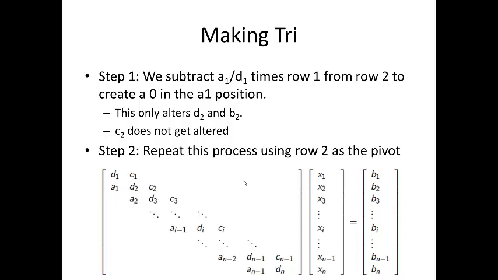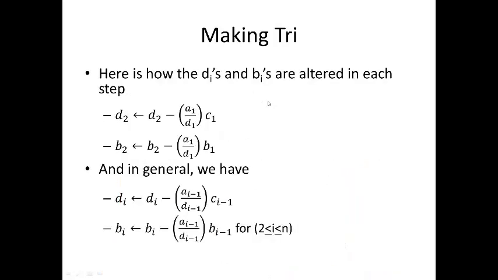What I've done is I've included this tri-diagonal matrix so you can see what's happening as we do this algorithm. So here's how the d sub i's and b sub i's are altered in each step, and you can probably see that on the last slide just by looking at the structure of the matrix.